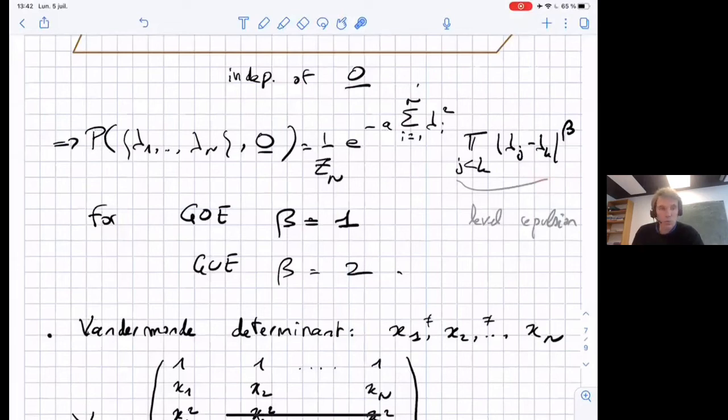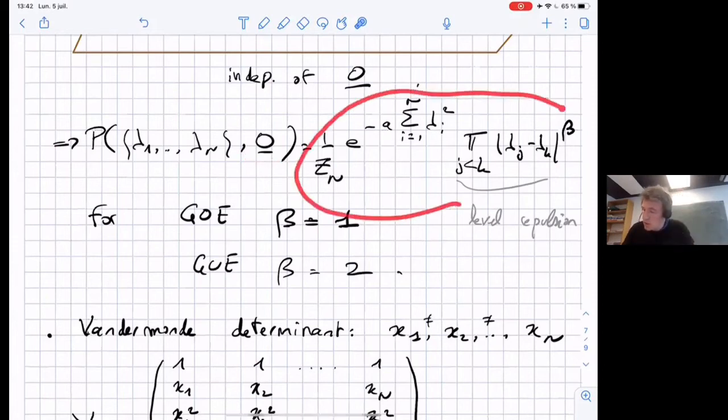If I want to compute the marginals over the lambda i's, then I just need to integrate over the orthogonal group. That gives me a number which corresponds to the total integral, but it does not couple the matrix elements of O and the lambda i's.